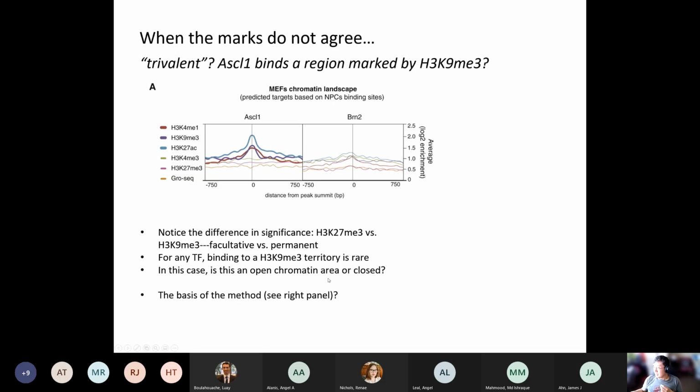So the scientists actually get confused, because why? Because in this fibroblast, this transcription factor shouldn't be able to bind to this region, because there's a hugely negative mark there.